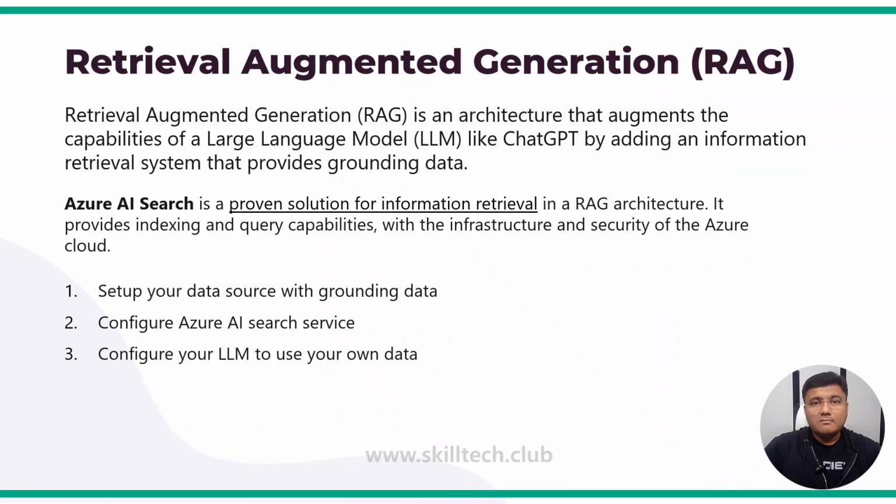As I said, RAG, Retrieval-Augmented Generation, is an architecture that augments the capabilities of a large language model like ChatGPT by adding an information retrieval system that provides grounding data. Basically, if I simplify this, there are many places where we do not want to create a large language model from scratch, and we actually do not need to.